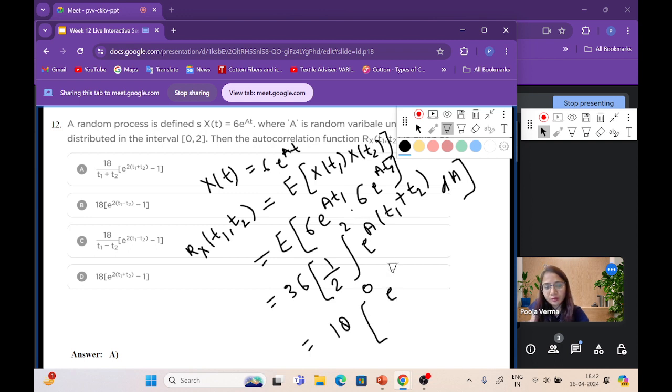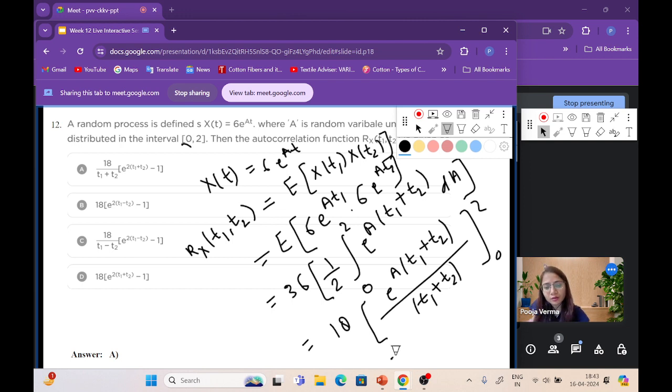So e to the power A(t1 plus t2) integrated with respect to A, so t1 plus t2 will come in the denominator also, and it is integrated from 0 to 2.